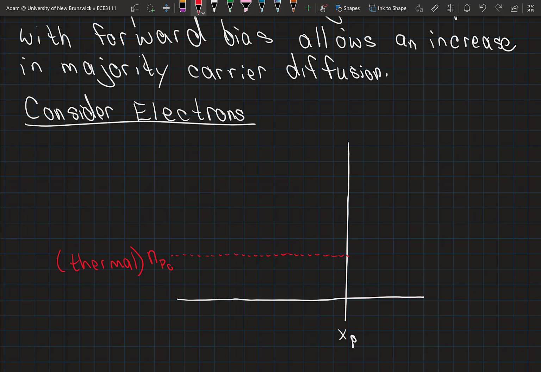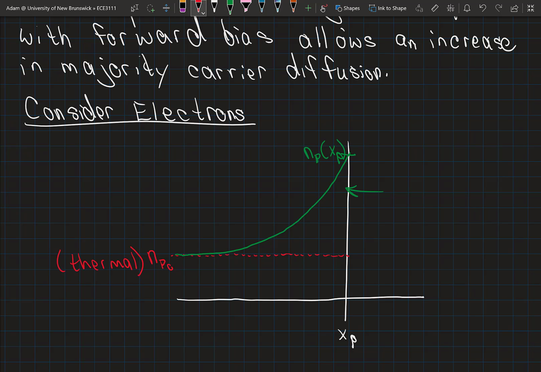But with the addition of a forward bias, we get electrons being injected due to diffusion across the depletion region due to that effective drop in junction potential, and at the edge of the depletion region we define the concentration of electrons in the p-type material as n subscript p at xp, right?